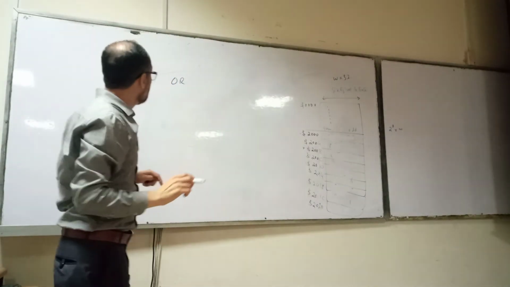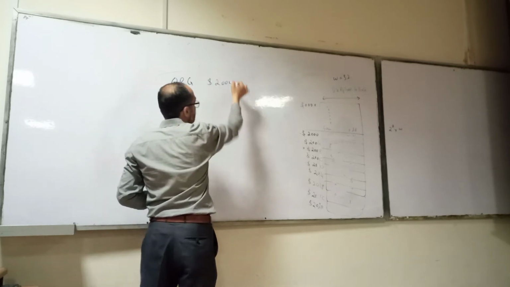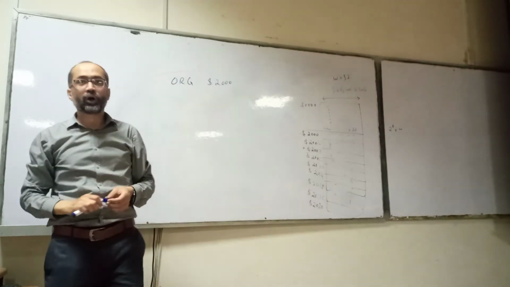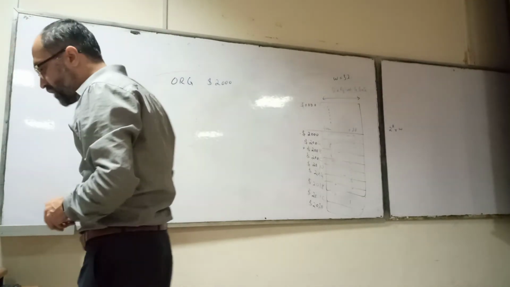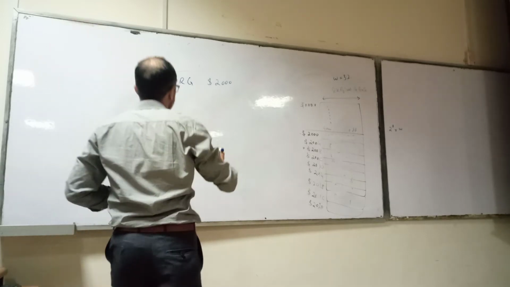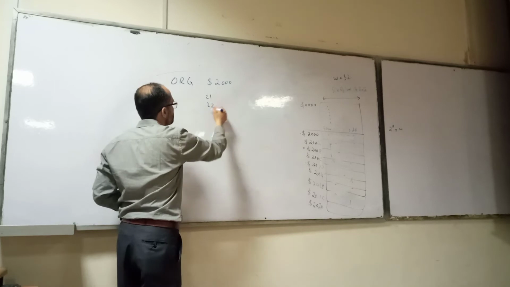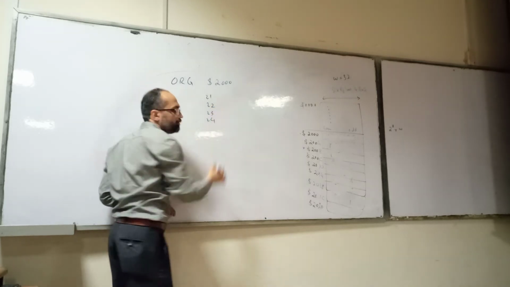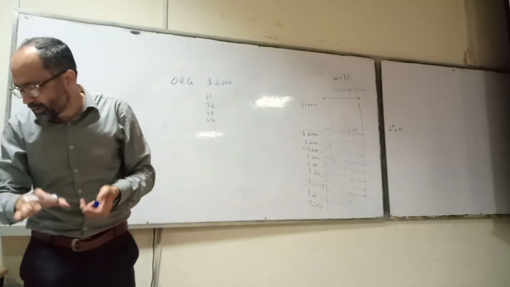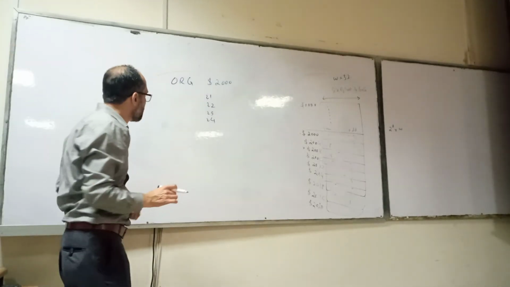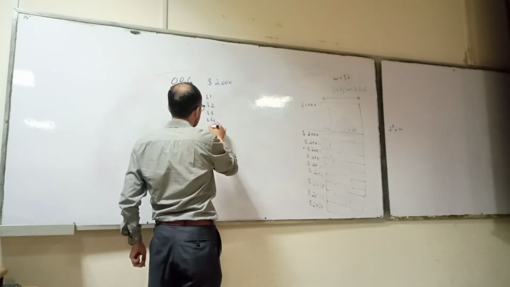Now if we say org $2000, this is the starting point of our program. And now we have some instructions: instruction I1, instruction I2, instruction I3, instruction I4. They can be any instructions. And then we say jump label.